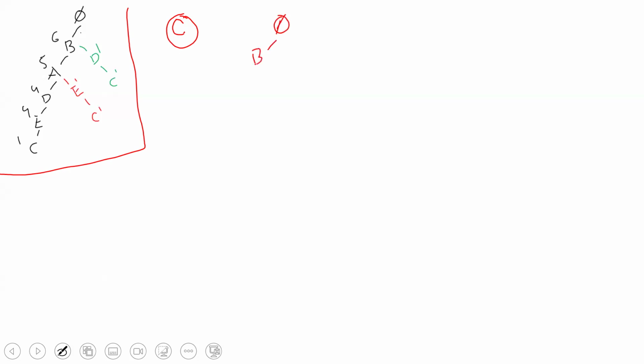The other nodes that we have are B, A, D, E, and C, right? So this E and C is there. Ignore all the counts. When you're projecting onto C, ignore all the counts that you have: 6, 5, 4, 4, 1, 1. Ignore all those counts.